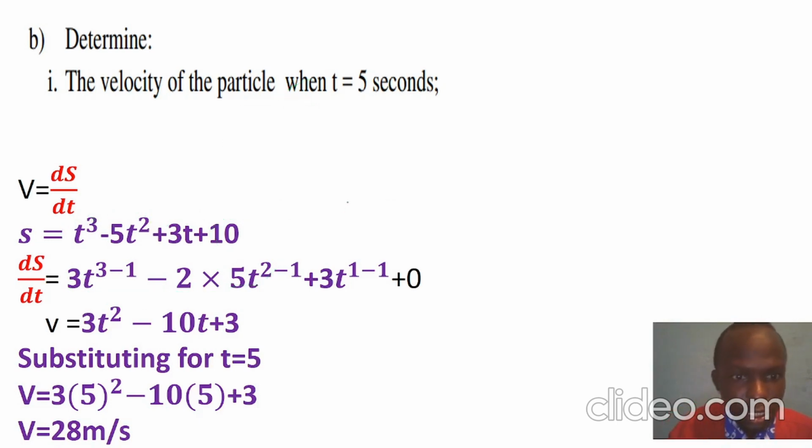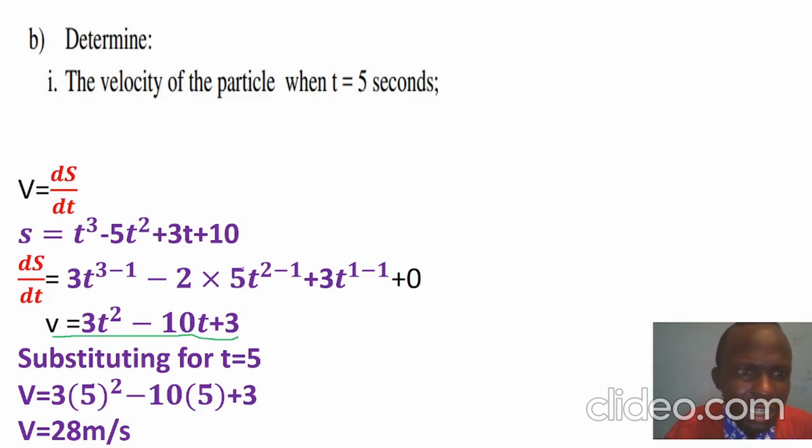Now, simplifying it further, you come up with velocity is equal to 3t squared minus 10t plus 3. You realize that whatever we've just found is called a velocity function. The original function is the displacement function. And how do we get velocity from displacement? We differentiate it.